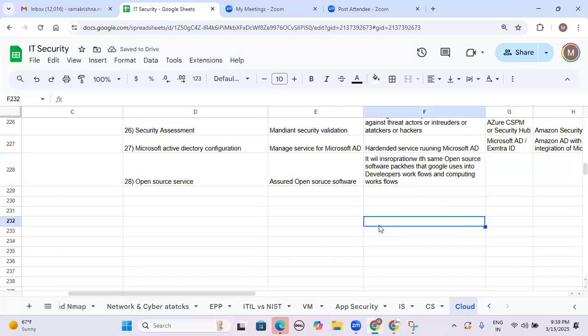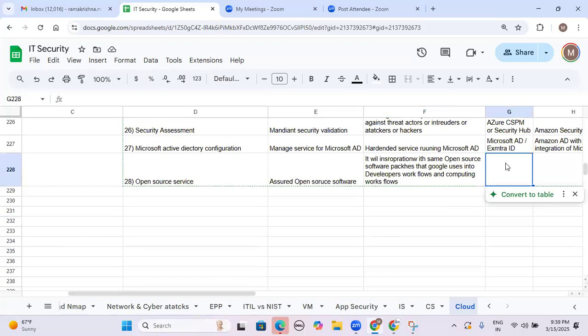So now on the Azure side, what are they doing? They have CSPM, Cloud Security Posture Management. It will do running configuration checks against virtual machines, Docker, containers through Security Hub. Then it will scan all those libraries and packages and so on. It will throw an error stating that we are using an outdated version of such and such library and package.